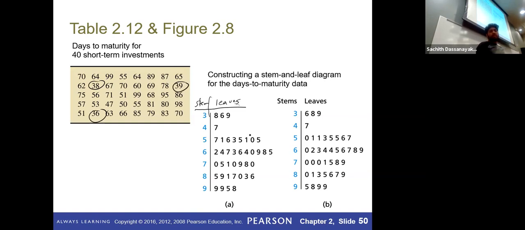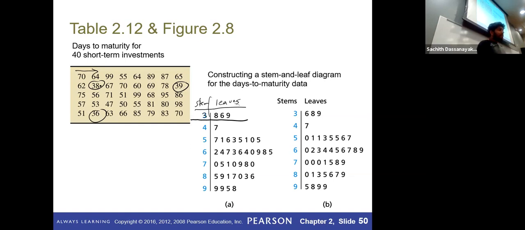All numbers that belong in this 30 group, 38, 39, and 36, go to the first row. As we discussed, going row-wise from left to right, the first number is 38. So all 30 values go to the first row.